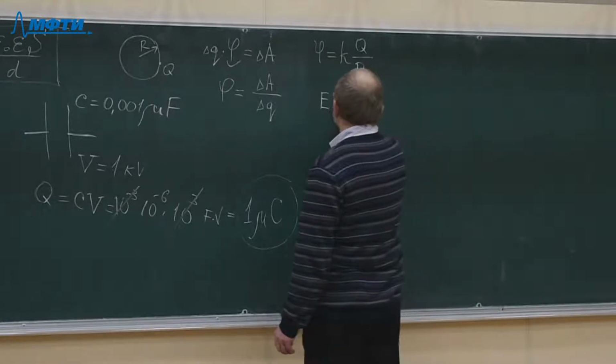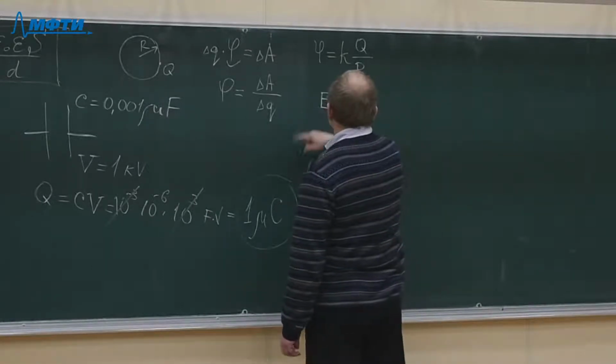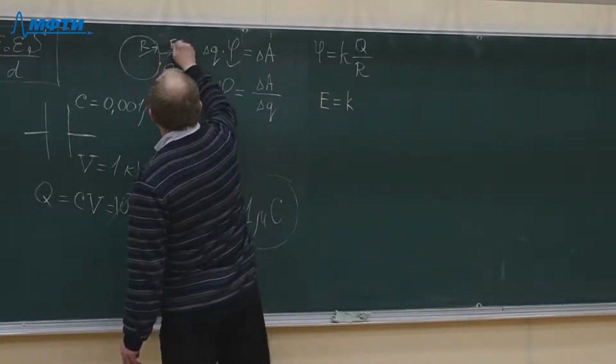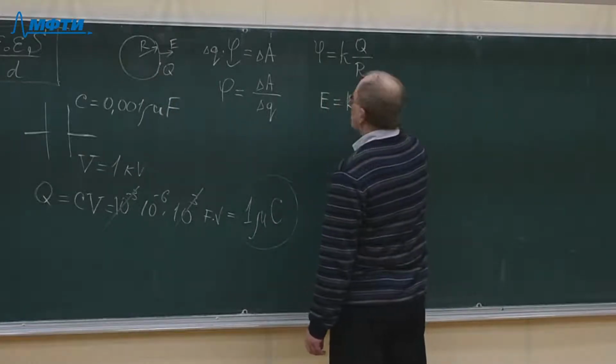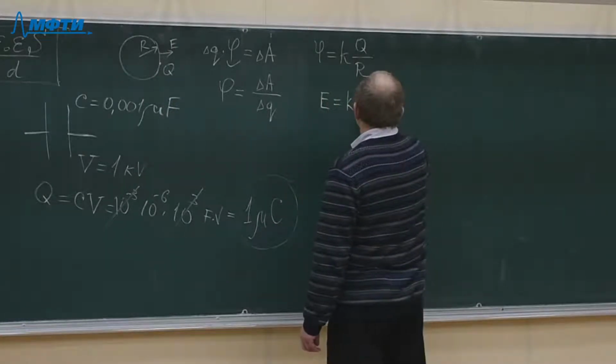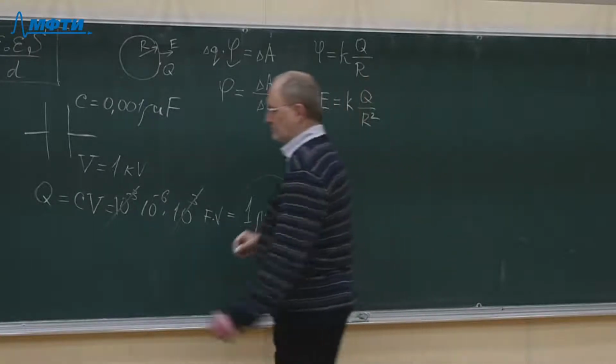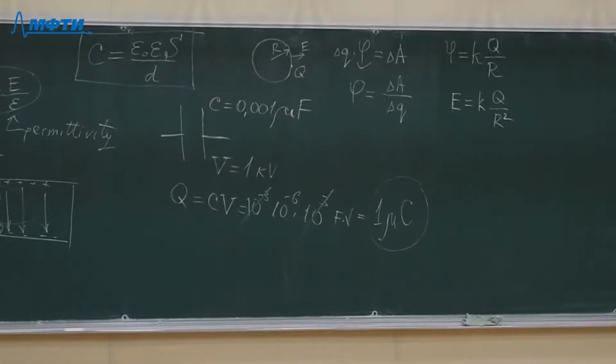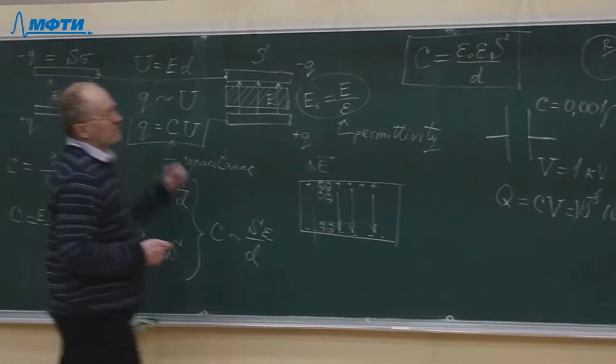We also know that the electric field strength near the surface will be defined by Q divided by R squared. And we have to take this formula as the definition of capacitance.